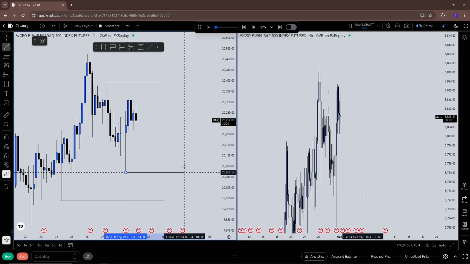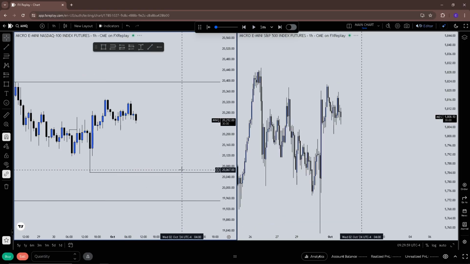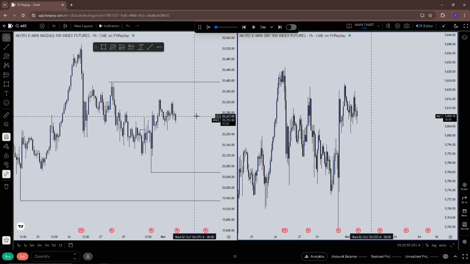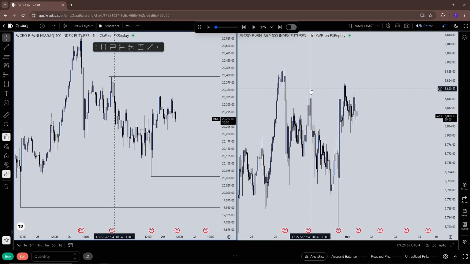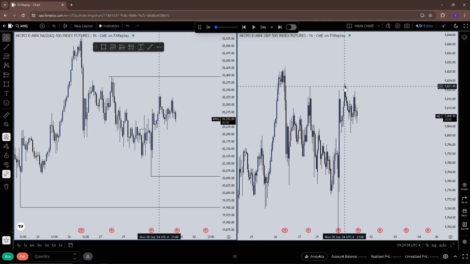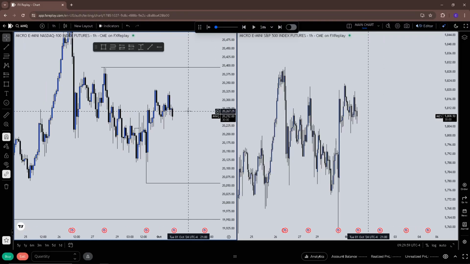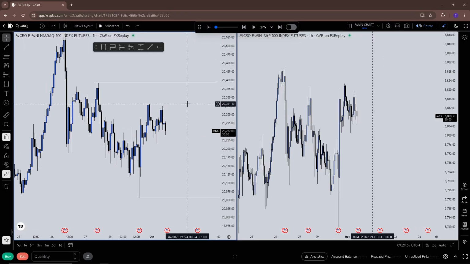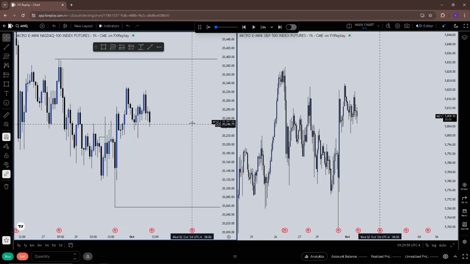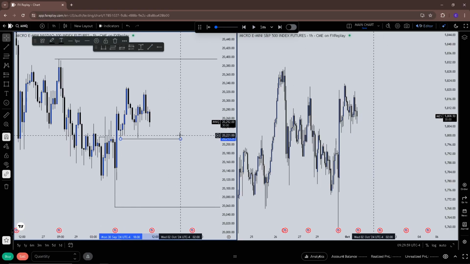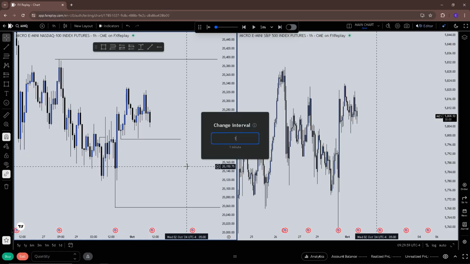Obviously we do have this low inside this 4 hour right here. We are SMT'd at this high. We gotta sweep these relative equal lows off open.